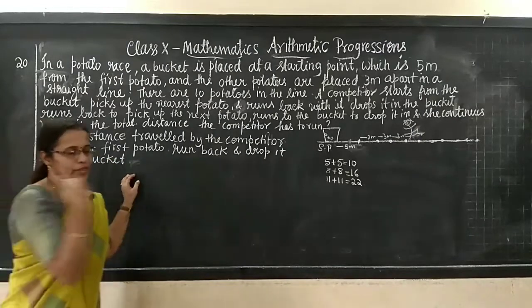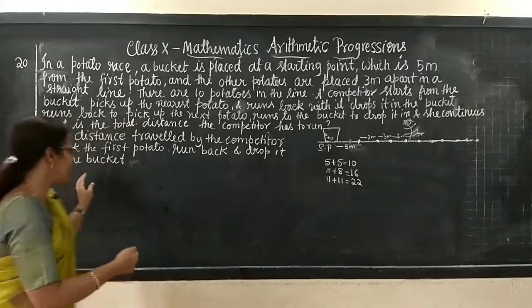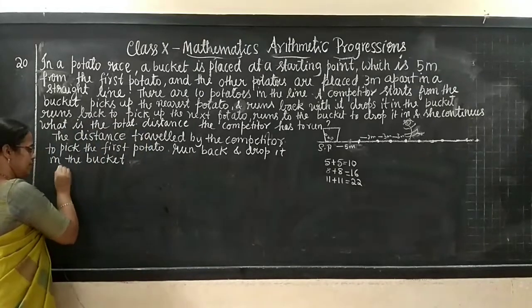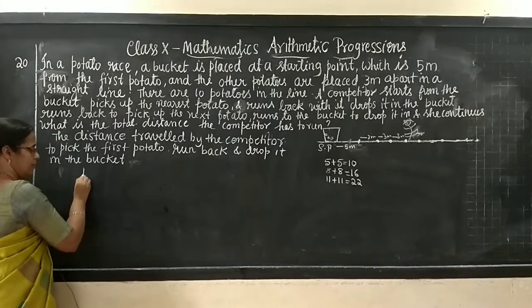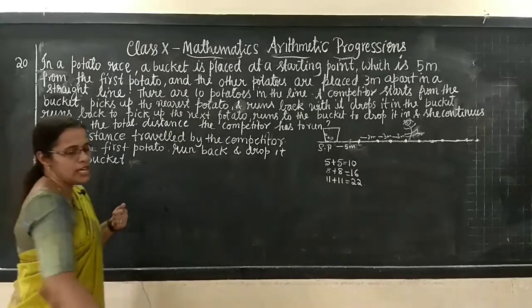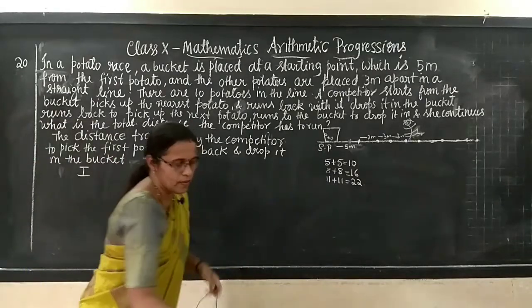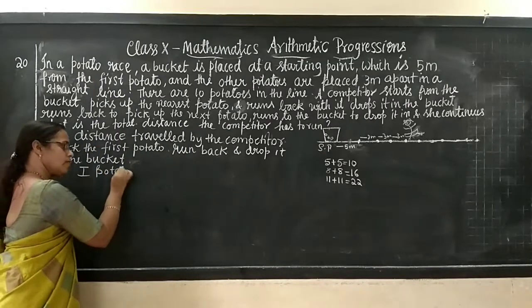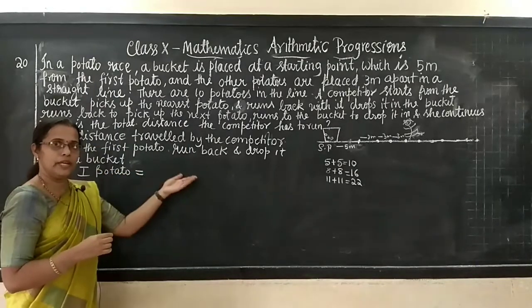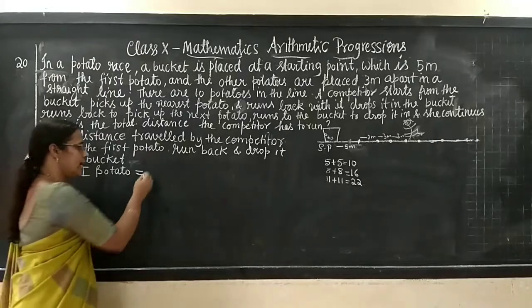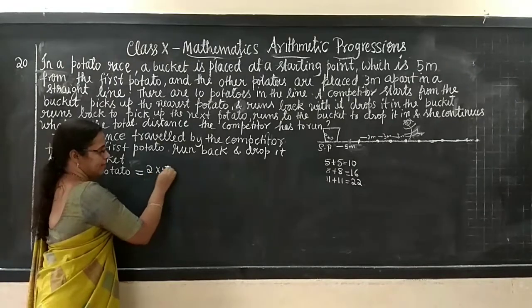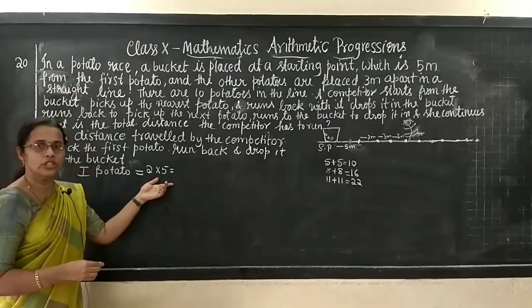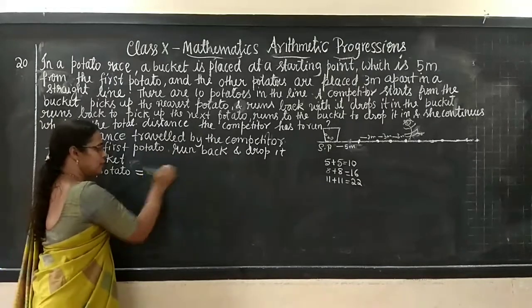Then if she moves first time, what is the distance? For the first potato. She has to move 5 meters and coming back 5 meters. So what is that? 2 into 5. Okay, so 5 into 2. 5 into 2.